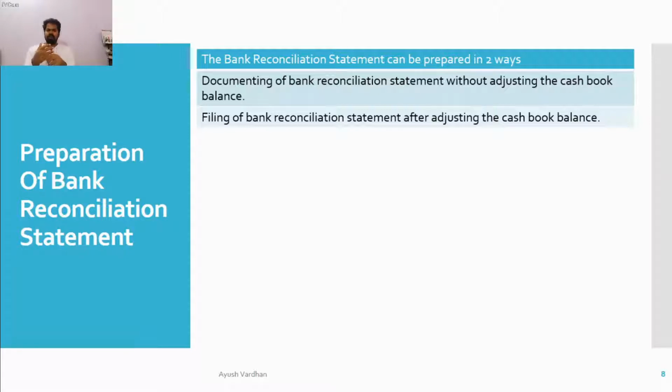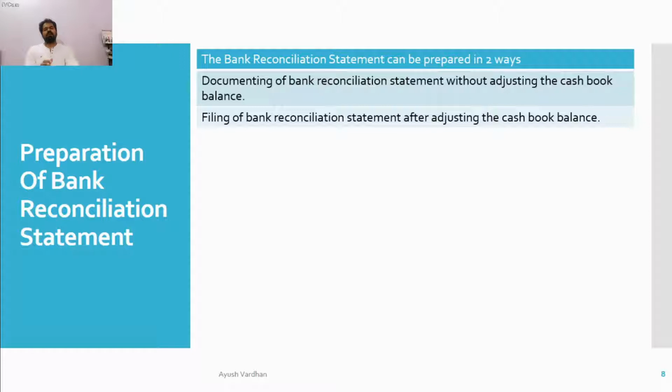And another method is preparing the bank reconciliation statement after adjusting the cash book balance. So in the first method you don't do the adjustment in the cash book, and in the second method you make the cash book adjustment first, then you go for the reconciliation with your bank passbook.